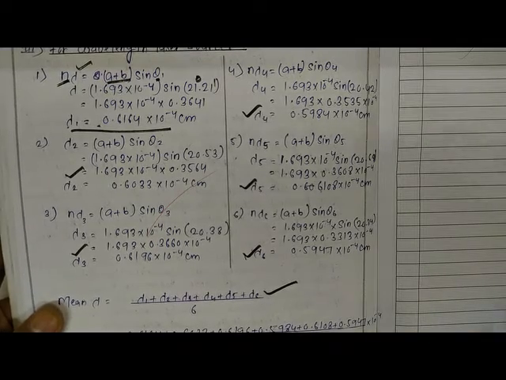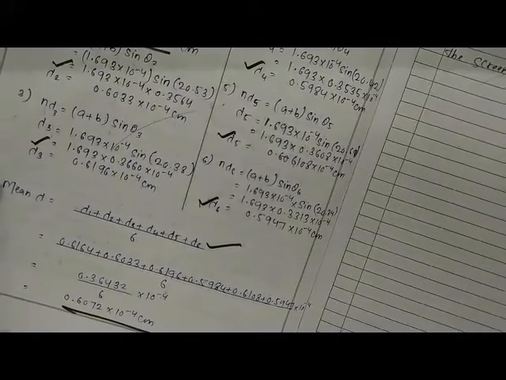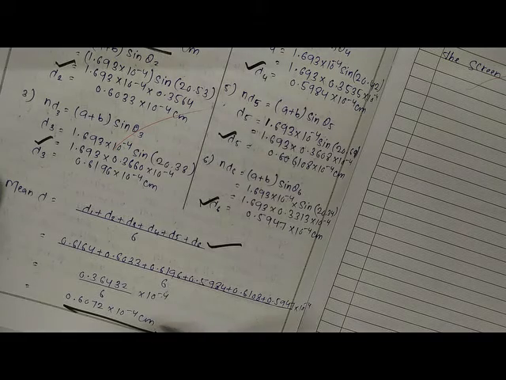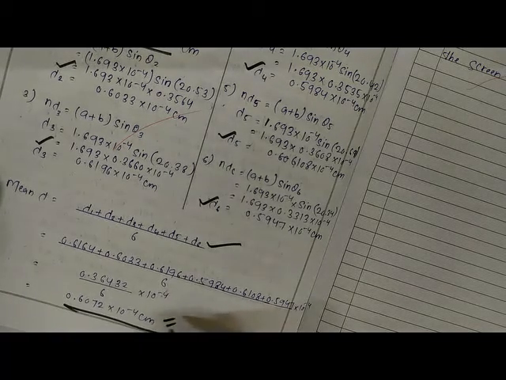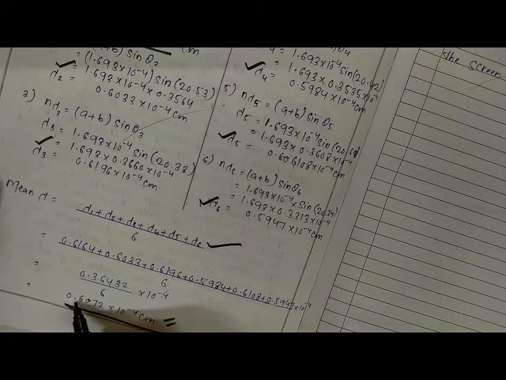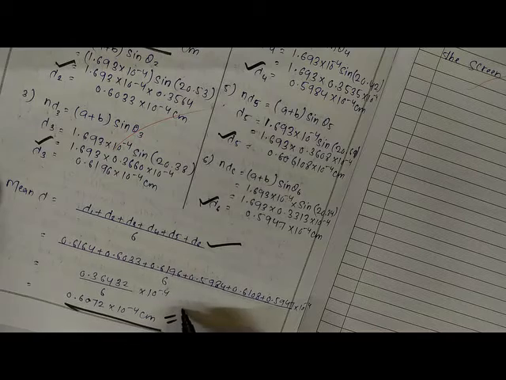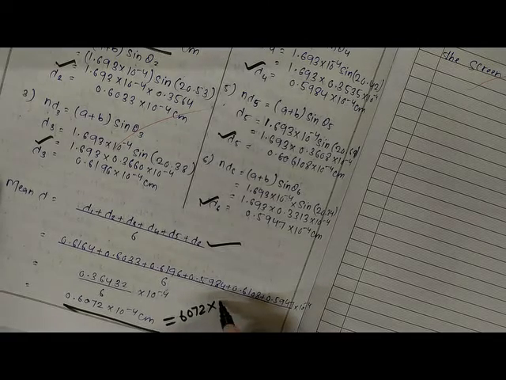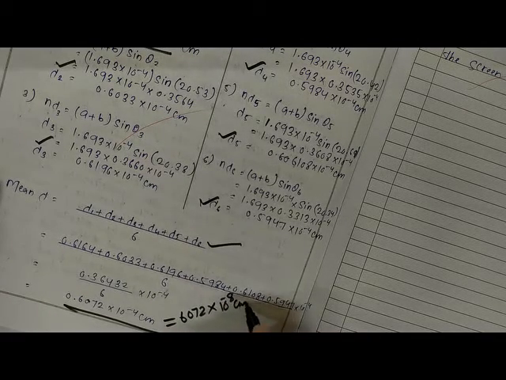How to take their mean? We take the mean of all these 6 lambda values, and it comes to about 0.6072 into 10 raised to minus 4. We can convert it: if I shift the decimal point by 4 digits to the right, it will be 6072 into 10 raised to minus 8 centimeter.